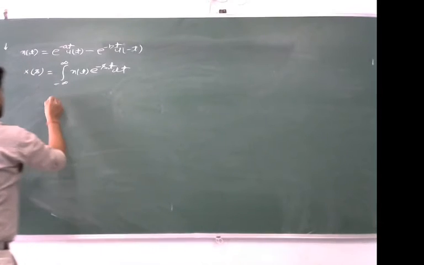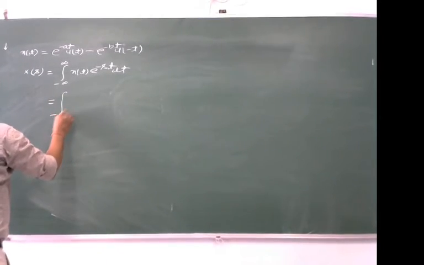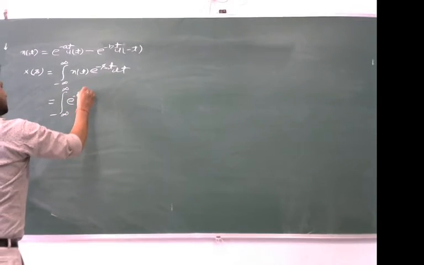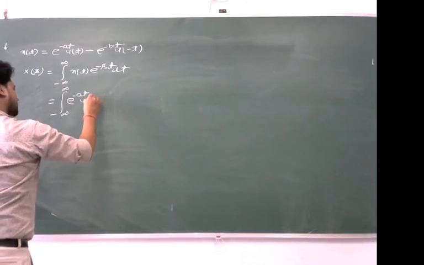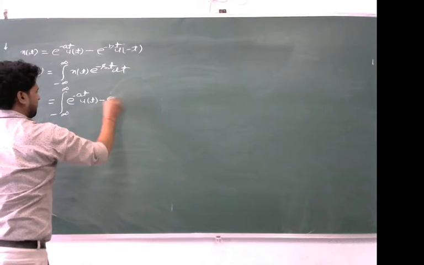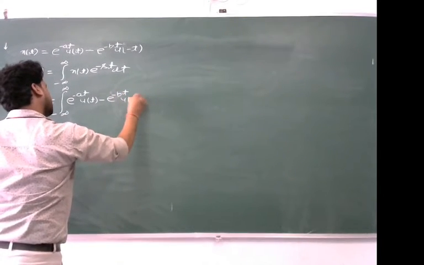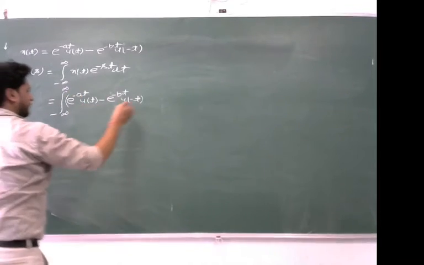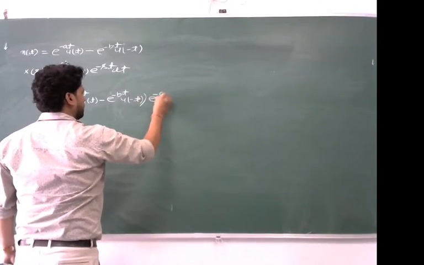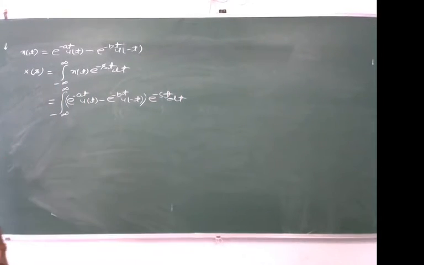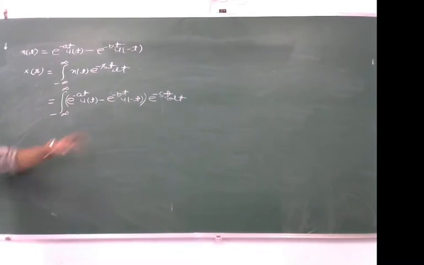The given function x(t) here, in place of x(t) I will write e power minus at u(t) minus e power minus bt u(minus t), into e power minus st. Again, distribute this integration in the given bracket.